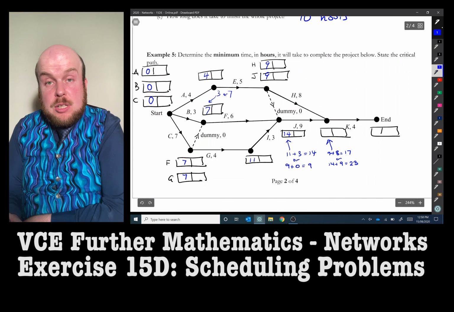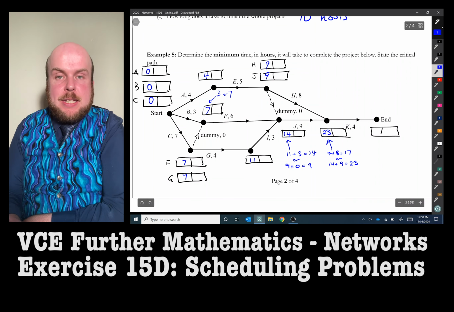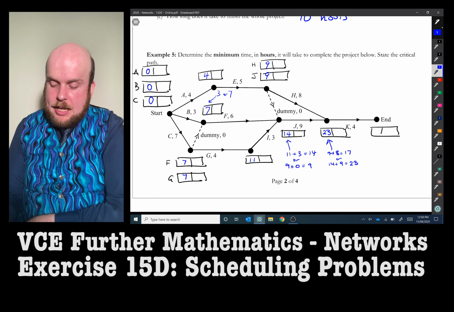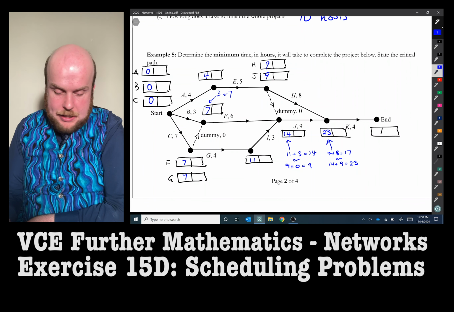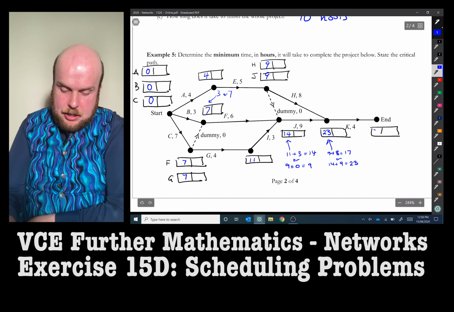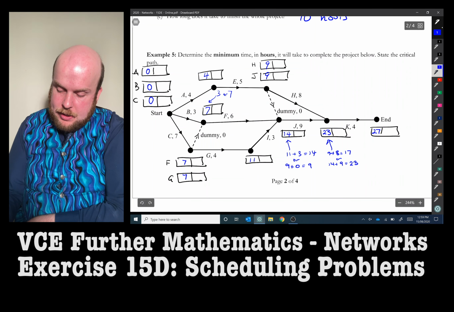We'll go with the slowest predecessor, which is 23. And then the end has only one choice, 23 plus 4, which is 27. So the minimum time it takes is 27 hours.